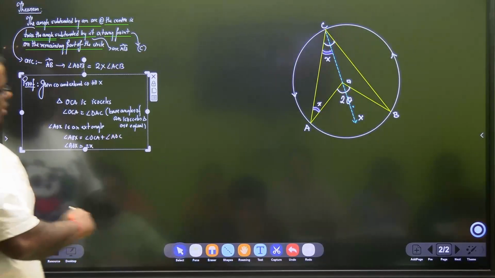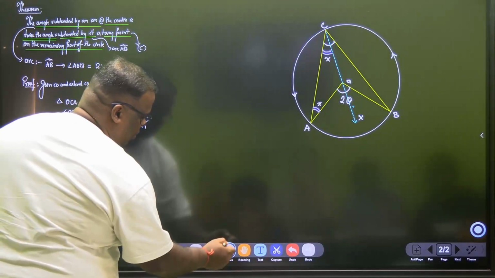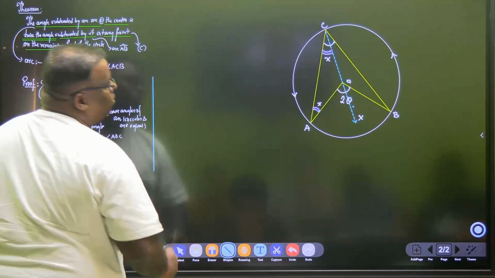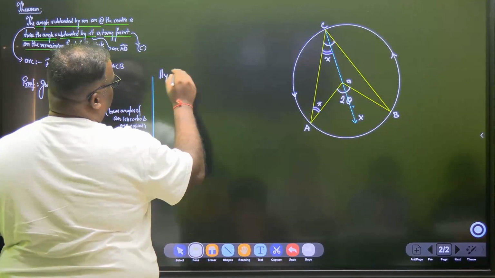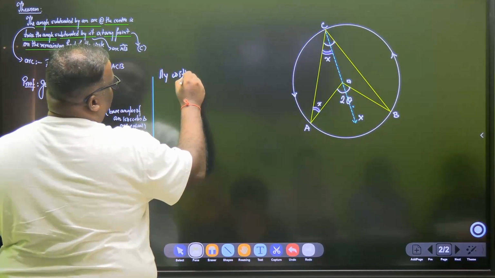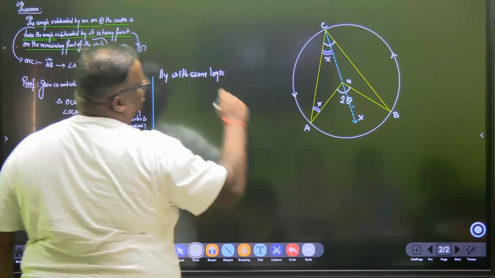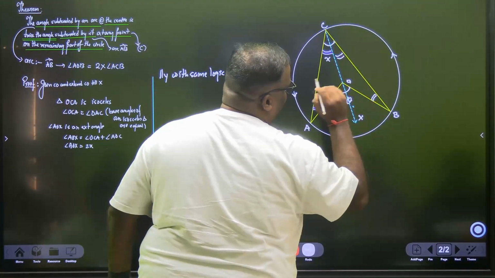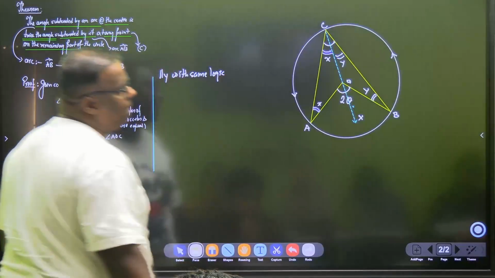Now on the same ground, if I consider this side, similarly, with the same logic, I'll have this angle also equal to this angle. Do you agree or not? If this is y, this is also y, right?